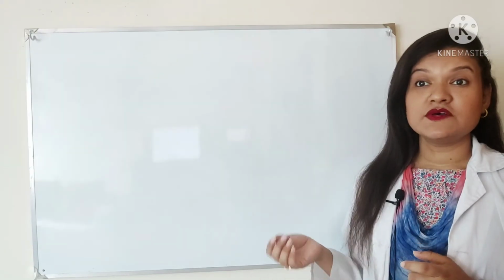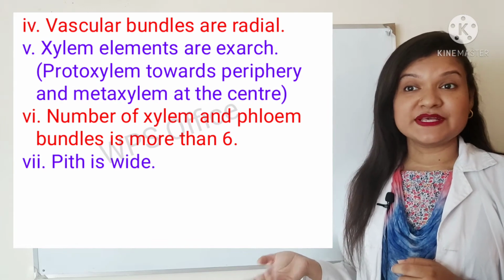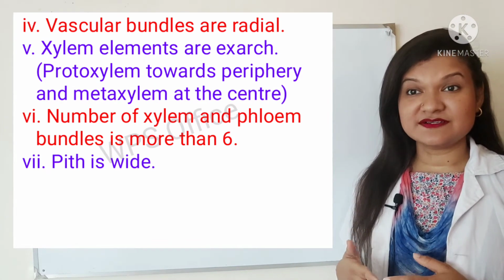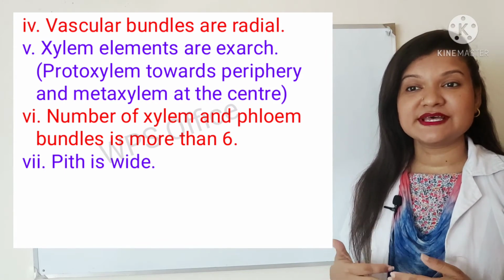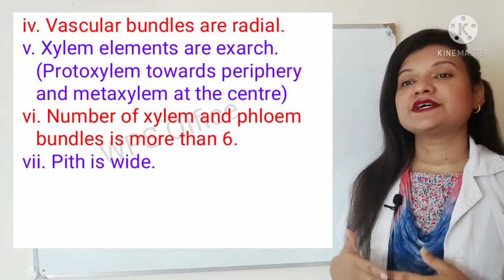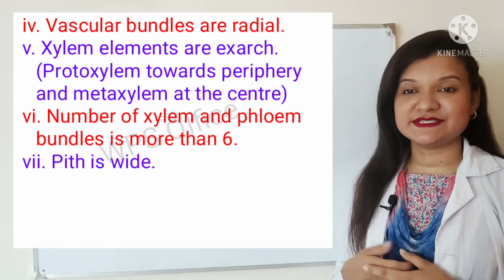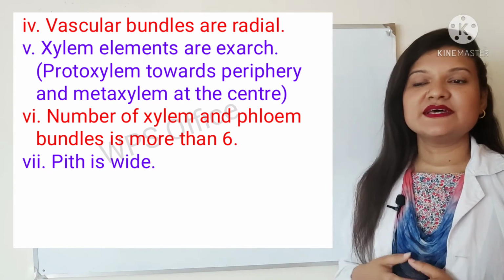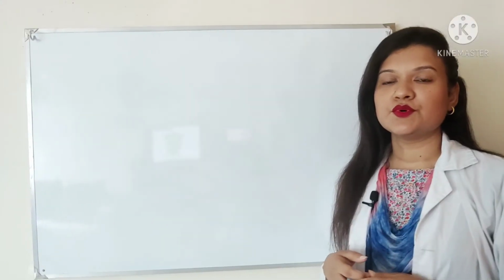Number 4, vascular bundles are radial. Number 5, xylem elements are exarch, that is, protoxylem towards the periphery and metaxylem at the center. Number 6, the number of xylem and phloem bundles is more than 6. Number 7, pith is wide.